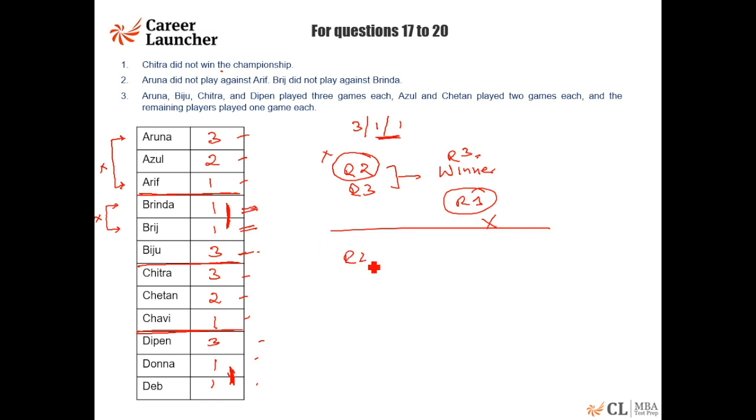Again rank 2, rank 3, there's a winner, and that winner will play against rank 1, and one of them will again win and move on to the next round. Now, if one player has played one game, another 2, another 3, what does that mean? Obviously, one of these has lost one game.